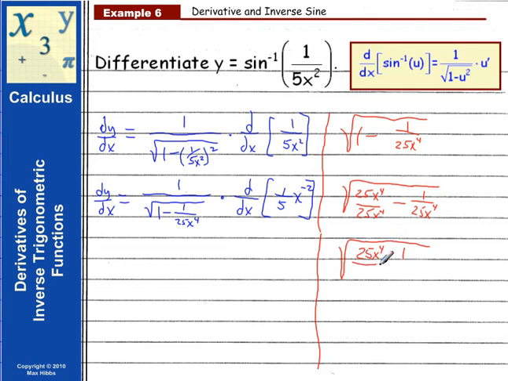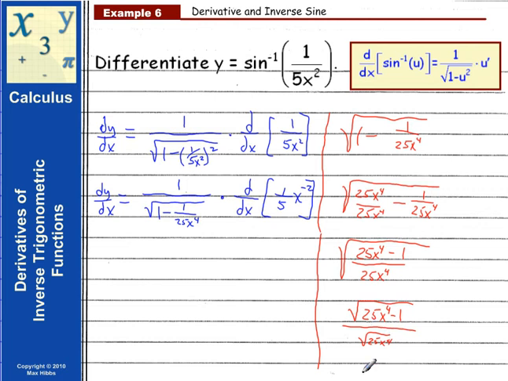And the denominator is itself 25x to the fourth. Now when we have the square root of a fraction, we can say that's the square root of the numerator, so the square root of 25x to the fourth minus 1, divided by the square root of the denominator, that'd be the square root of 25x to the fourth.